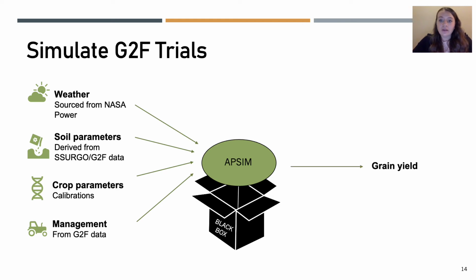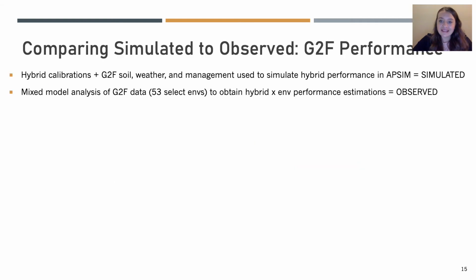Using all of these components, we then simulate end-of-season grain yield, and these are what I refer to as our simulated values. The next step was to evaluate the G2F observed data, which I did using a mixed model analysis to obtain BLUPs and calculate hybrid by location performance estimations. While these are in theory predictions, I'll refer to these performance estimations as our observed values.